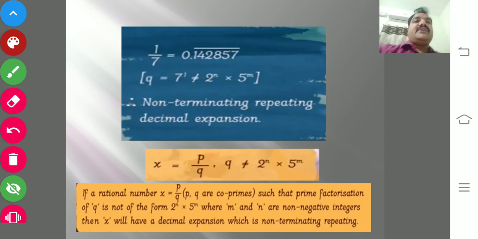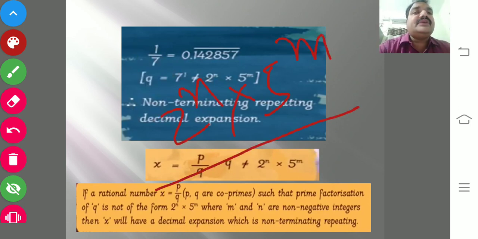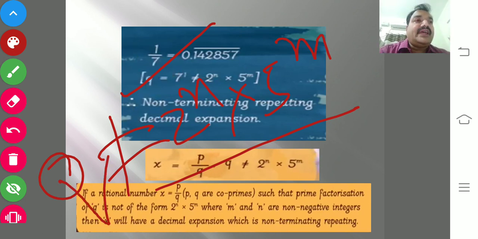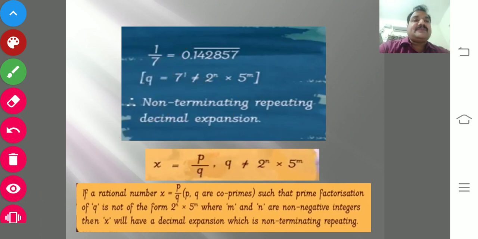So what did you conclude? If for any rational number the denominator is in the form of 2 power n into 5 power m, it's a terminating decimal. Suppose q, the denominator, is not equal to 2 power n into 5 power m, then automatically it is a non-terminating repeating expansion.